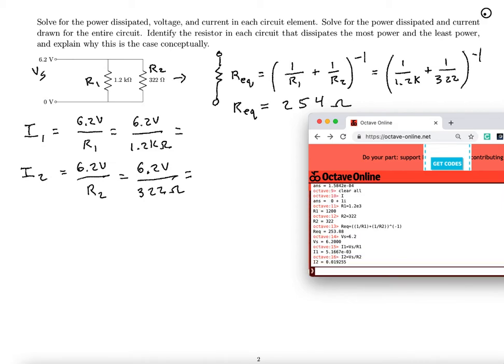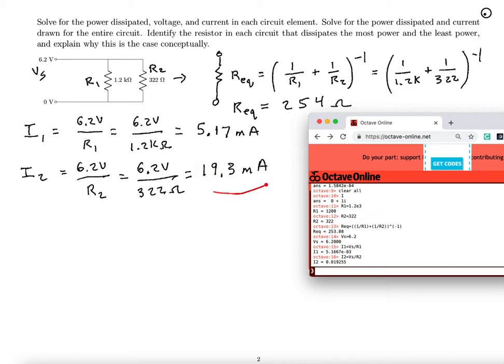And now I just have to write these numbers in. I1 is 5.17 times 10 to the minus 3, which is milliamps, and I2 is 0.0192, so I will call that 19.3 milliamps.